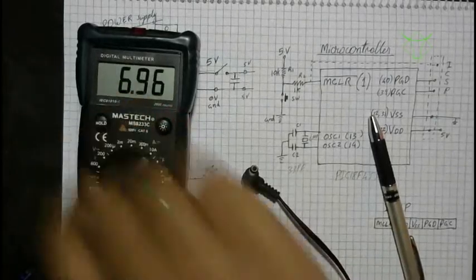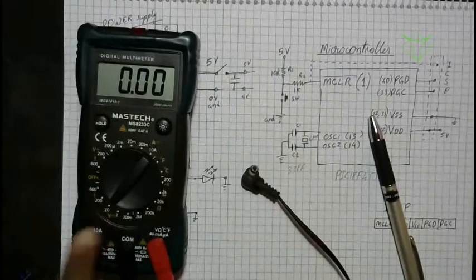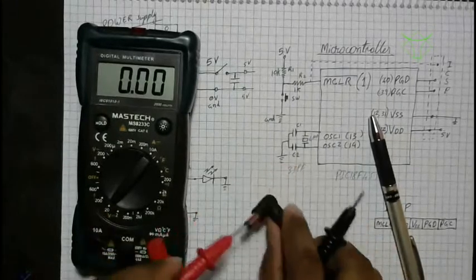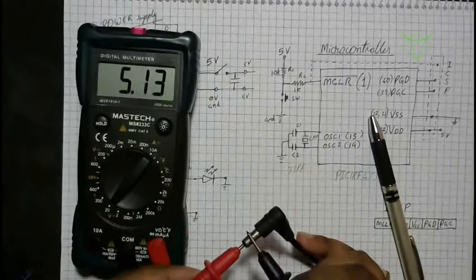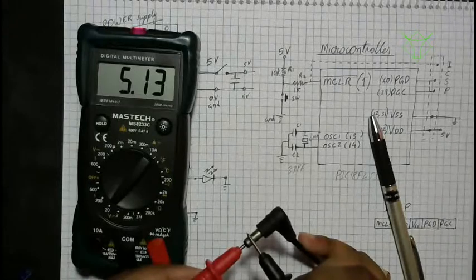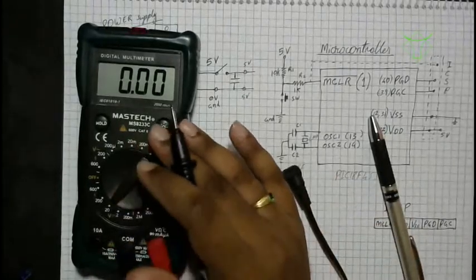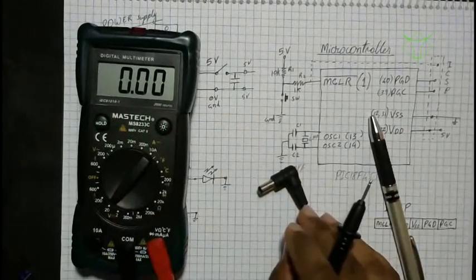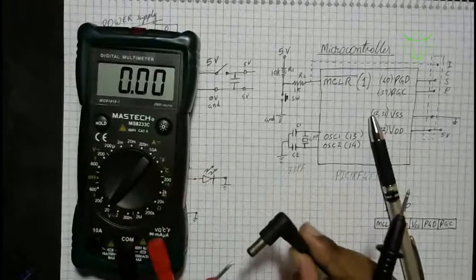I'll switch to DC voltage, 20 volt limit, and check this. It is showing a voltage of 5.13. Don't worry, the microcontroller will handle up to 5.5 volts, so 5.13 will not be any issue.